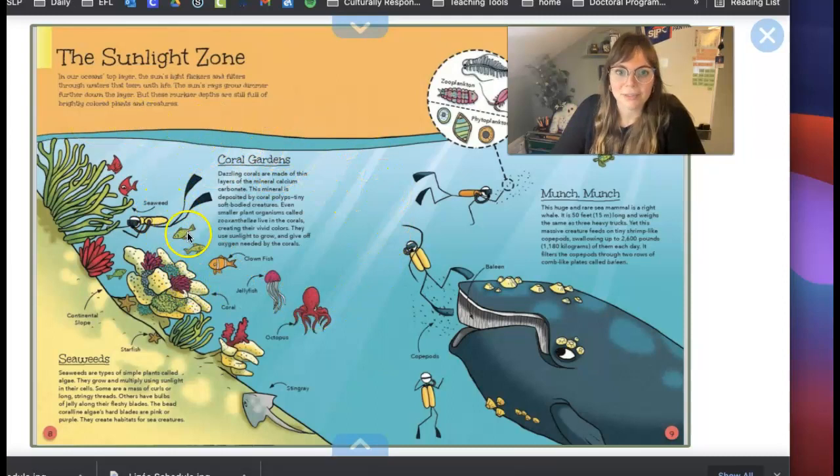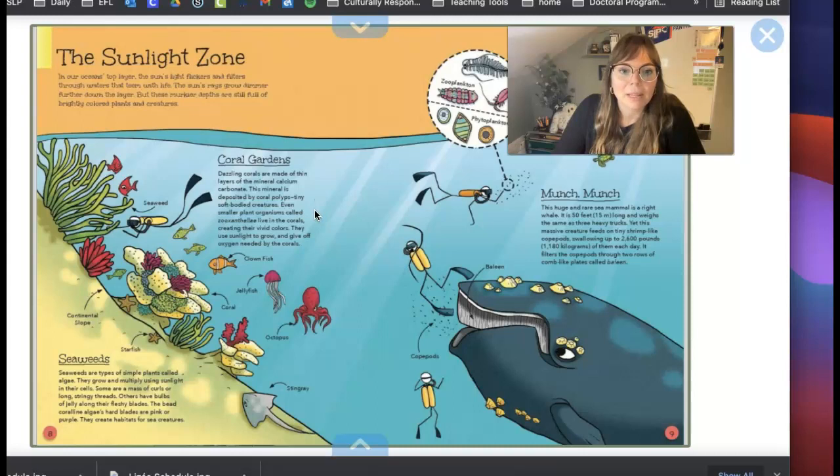Coral gardens. Dazzling corals are made of thin layers of calcium carbonate. This mineral is deposited by coral polyps, tiny soft-bodied creatures.